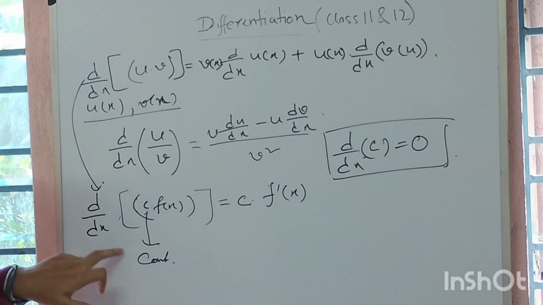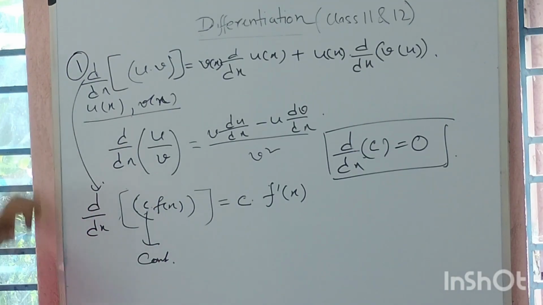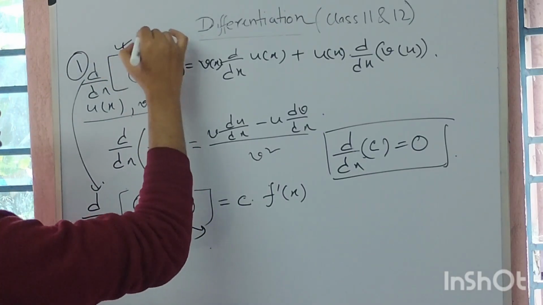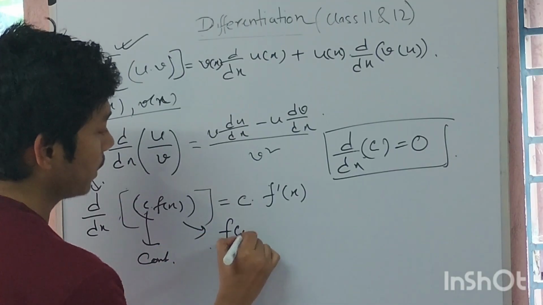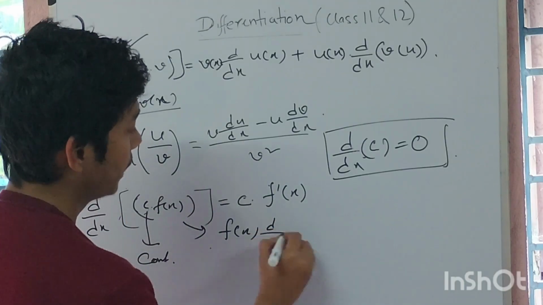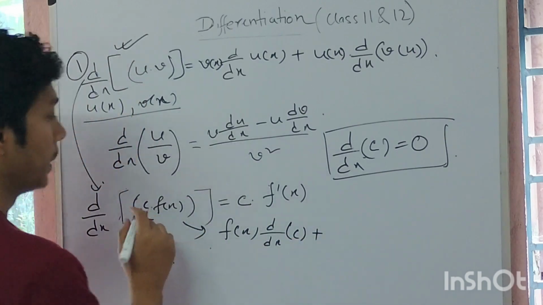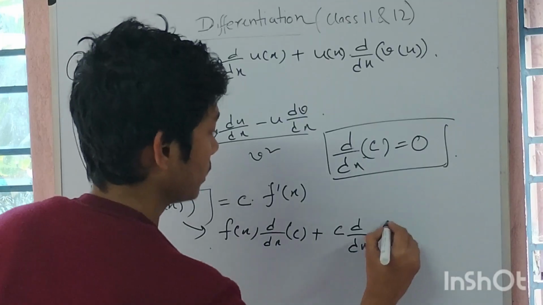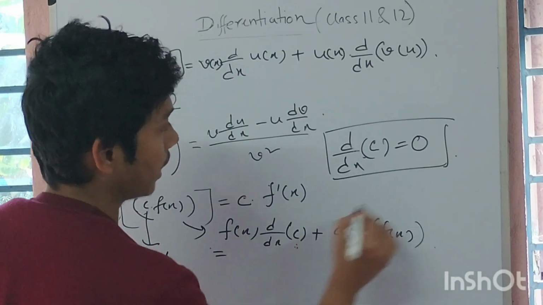This thing comes from this formula. How? d/dx of this, by this formula, I am keeping the second one constant and taking the derivative of the first one, so it will be d/dx of c, plus I am keeping the first one fixed and taking d/dx of the second one. d/dx of c is a constant, so it is 0.